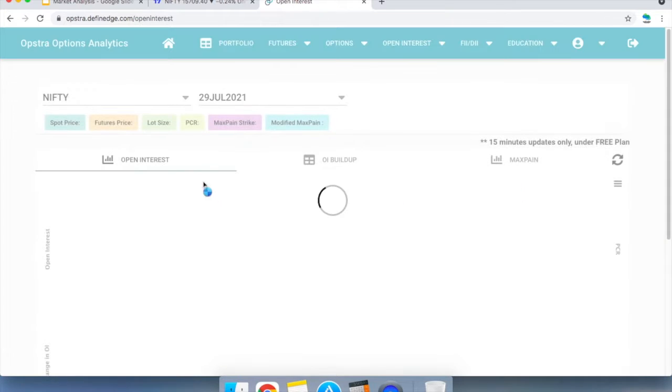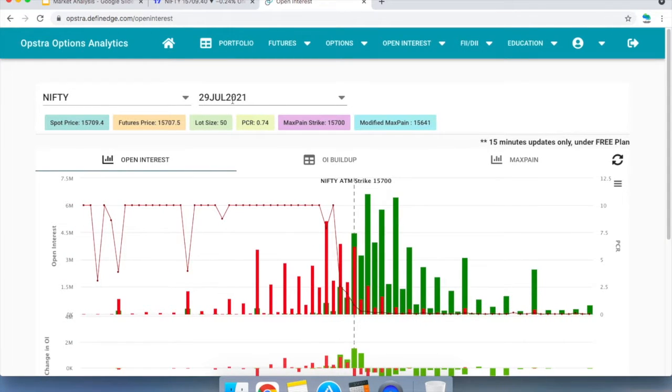Options open interest data for the monthly expiry that is going to happen tomorrow, 29 July, is saying that we are at 15,700. The highest call writing is at 15,800, the highest put writing is at 15,500.